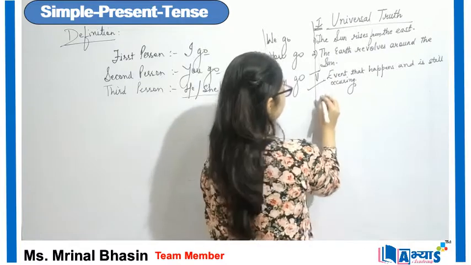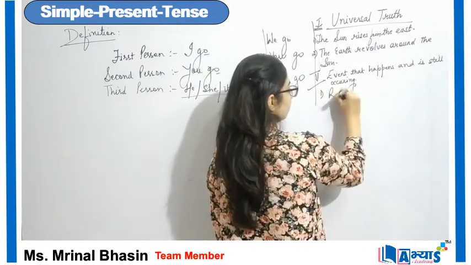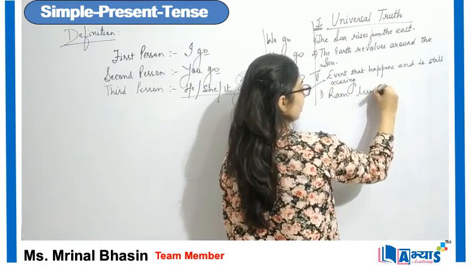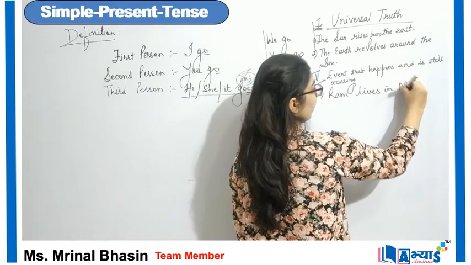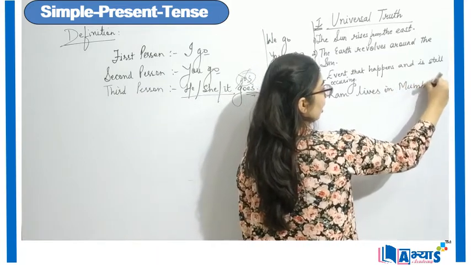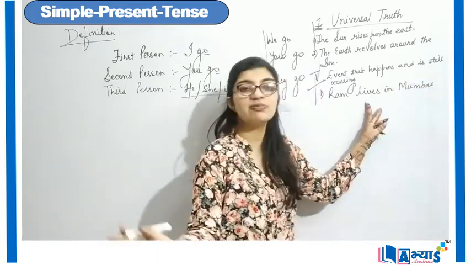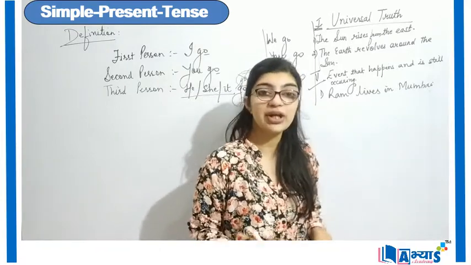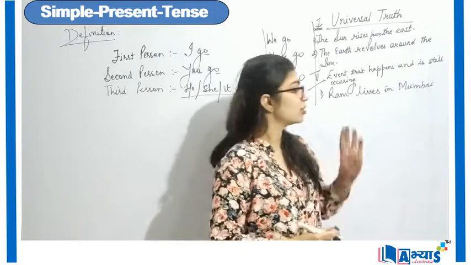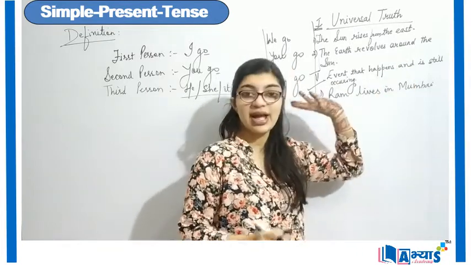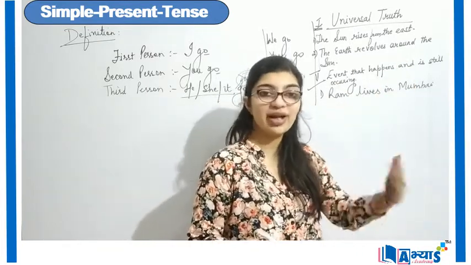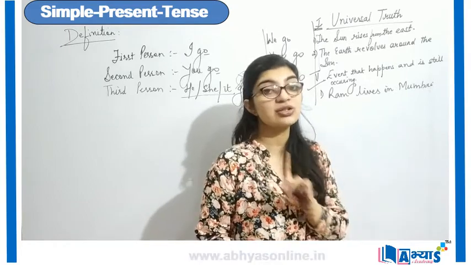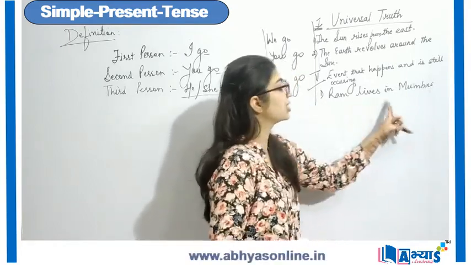For example, Ram lives in Mumbai. Now, Ram has been living in Mumbai, right? But he has not left Mumbai. Today also he lives in Mumbai. So the event that happens and is still happening. The event is in continuation. It hasn't stopped. So Ram lives in Mumbai.